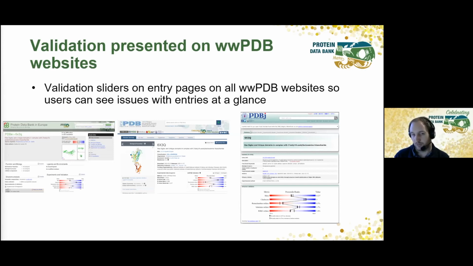Also, on all of our entry pages, the three members of the wwPDB who present PDB data, that's PDBe, RCSB, and PDBj, all three sites present the sliders on the entry pages so that they're readily available and you can easily see which structures have issues or potential issues.